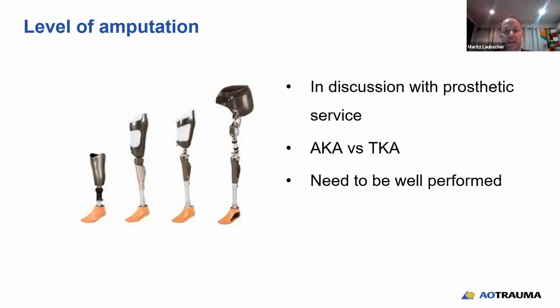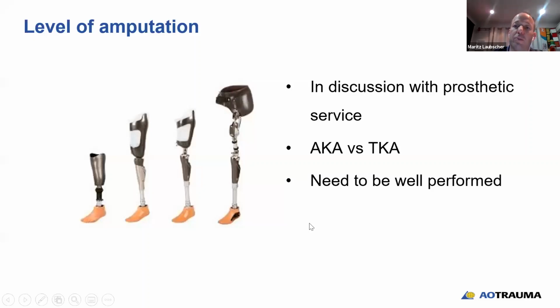Often there is time for decision making, and we consult the prosthetist not only in discussion of amputation versus salvage, but also on the level of amputation, and this is based on the individual patient's need. Often the debate is between an above-knee amputation or a through-knee amputation. I will chat a little bit about that later.